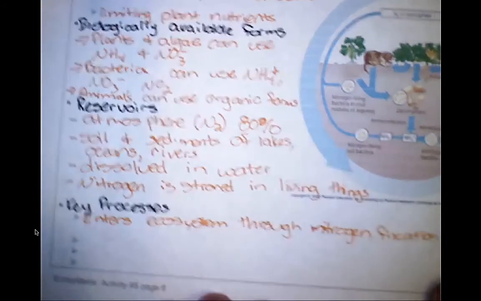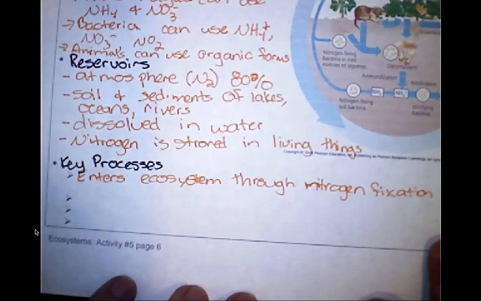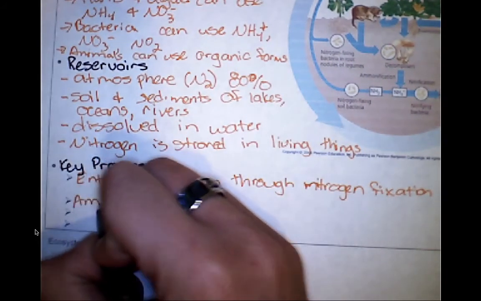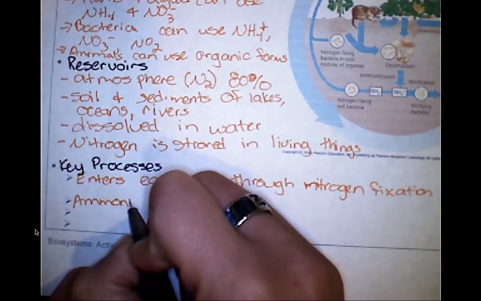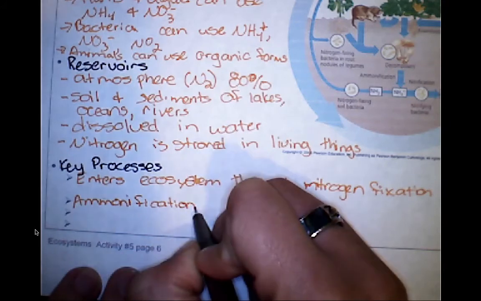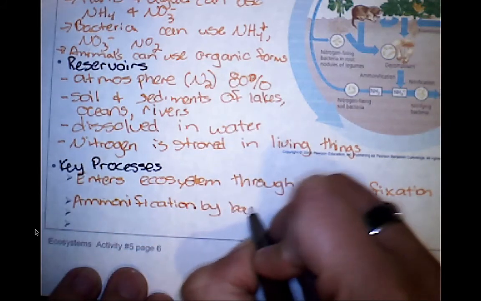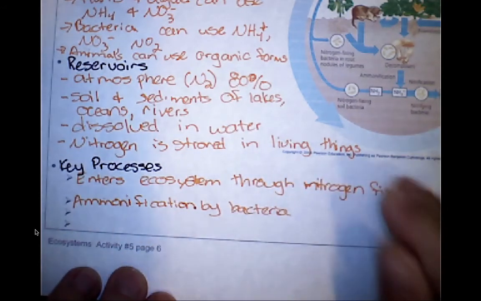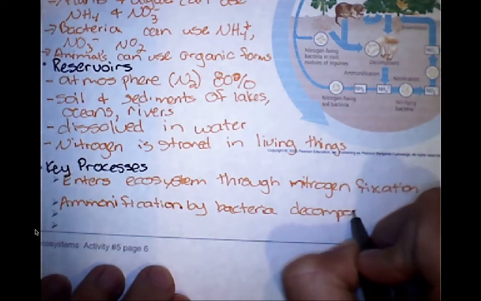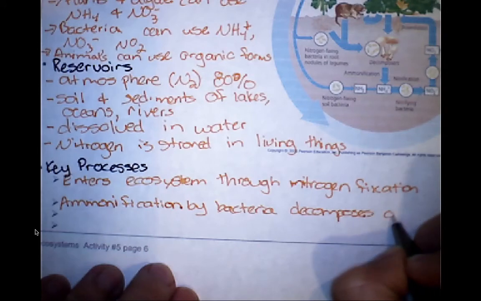Okay. So that's how it enters the ecosystem. Then you have these processes of turning it into different things after that, okay? Ammonification is by bacteria. These bacteria become real important here, okay? And that's done by decomposing organic nitrogen.